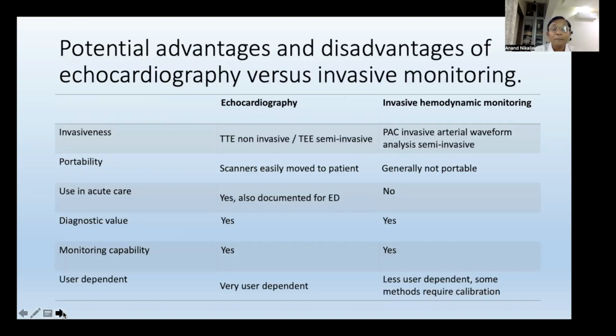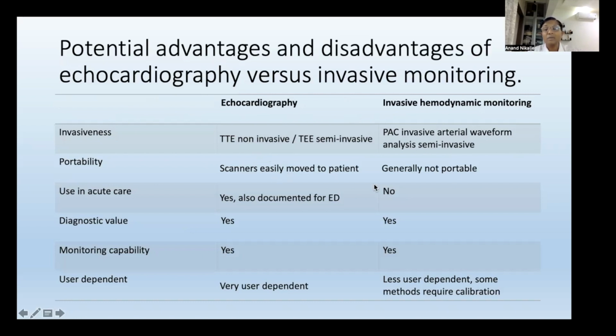If you compare the advantages and disadvantages of echocardiography versus invasive monitoring like the PA catheter, we all know that invasiveness is much less with echocardiography. Only when we do a TEE is it minimally invasive, otherwise it is a non-invasive technique. But the PA catheter is an invasive procedure and requires a lot of skill.